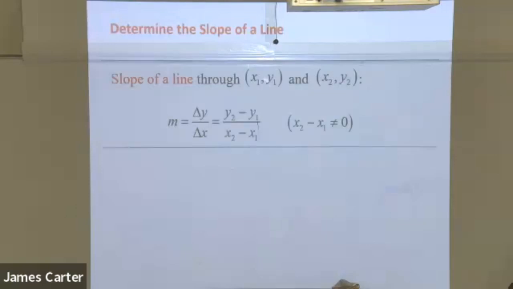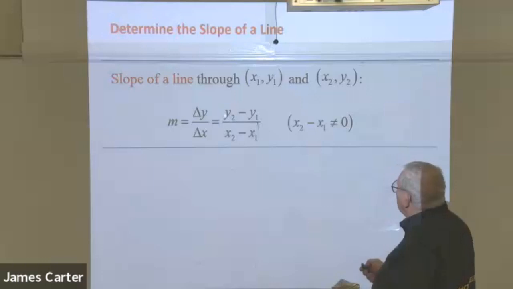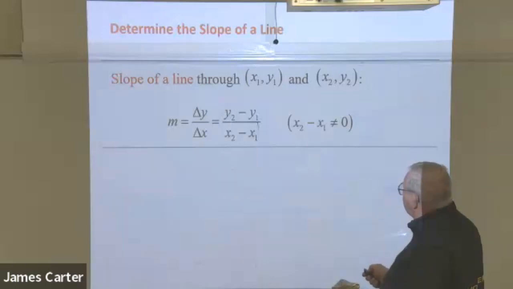Now, if I give you 2 points on a line, this part, by the way, that delta, that's a Greek letter delta, means the change in Y values and the change in X. So what we're doing is we got these 2 points, we're subtracting one from the other in the same order.